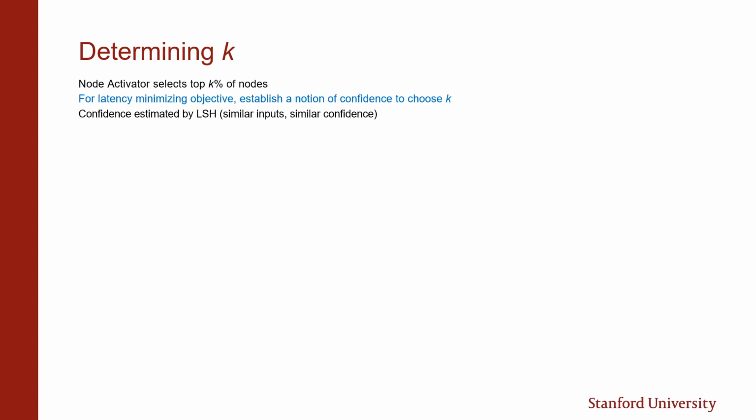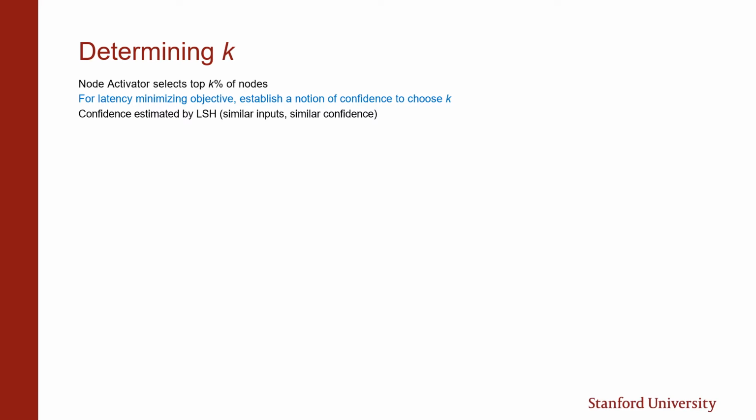So now that we've talked a little bit about the node ranking mechanism, let's talk about how we determine K. Again, K is the percentage of nodes that we're going to activate at each layer. So K depends upon the optimization objective that's specified by the user.